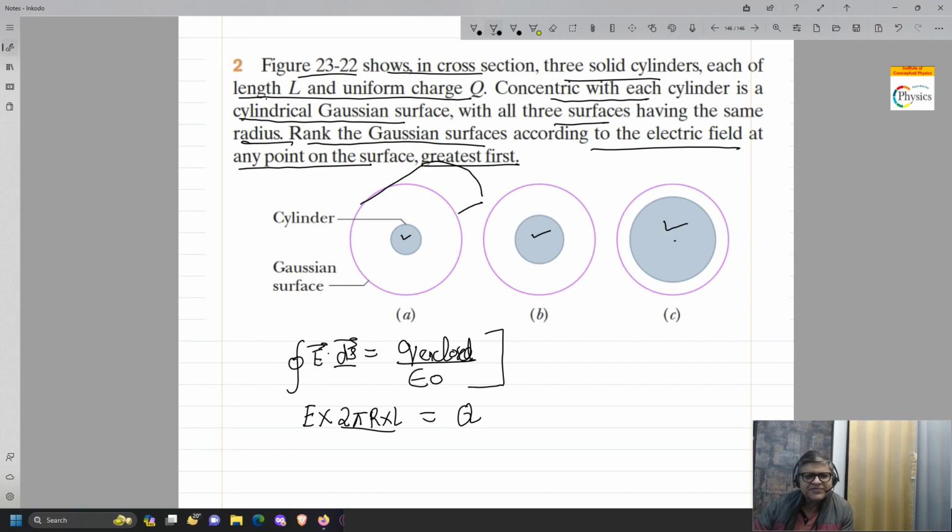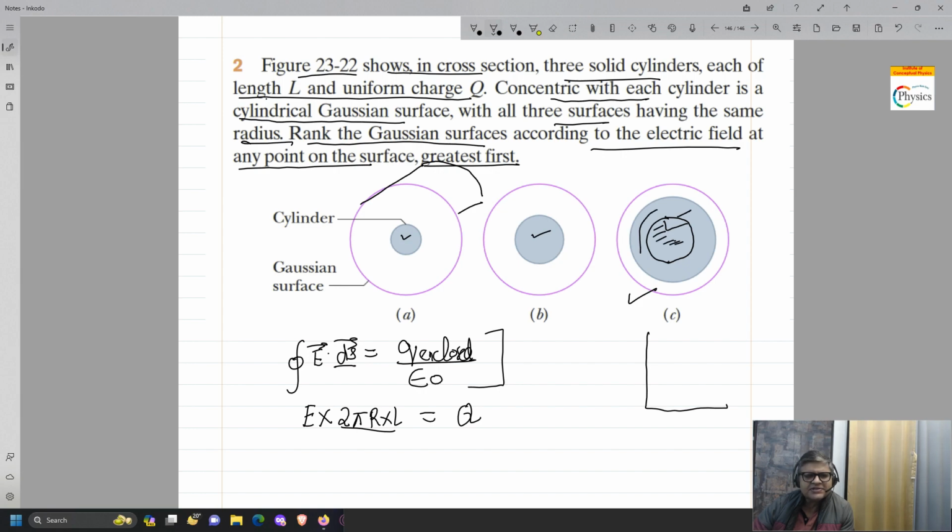Generally, if you consider this figure, for example, and you want to calculate the electric field inside a sphere with uniform charge density, you would find that the Gaussian surface encloses this much charge.